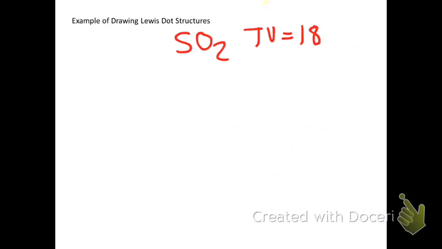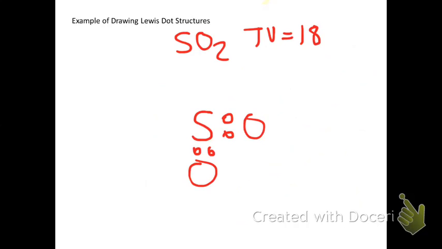Let's put it that way. That has more energy shells. And so in this case, sulfur has more energy shells than oxygen. So we're going to put sulfur as our central atom. And then we're going to bond the oxygens to the sulfur.